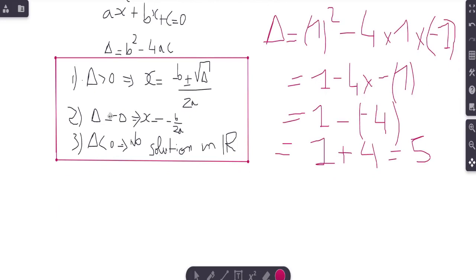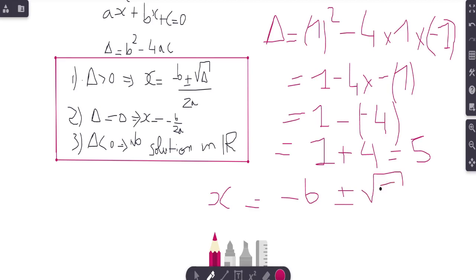So delta is superior to 0, it's positive. Therefore, we have two solutions in R. x equals minus b plus or minus square root of delta, which is square root of 5. So b is 1 here.